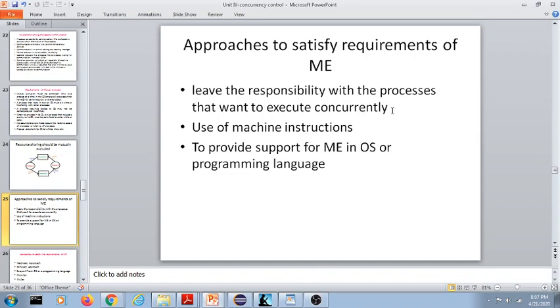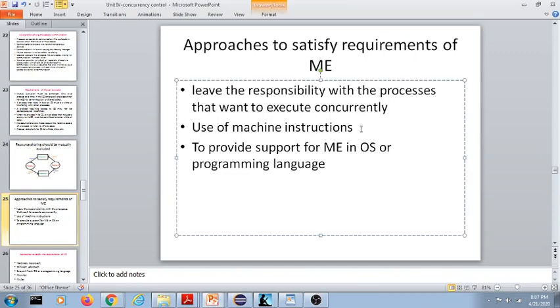Either you can tell the processes to take care of mutual exclusion, or directly you can use the machine instructions. There are some machine instructions which get executed at the hardware level, like the test and set instruction and the exchange instruction, which use locks in order to satisfy the condition of mutual exclusion. So the processor takes care, by executing those machine instructions, that the common resource is being used by a single process at a given time.